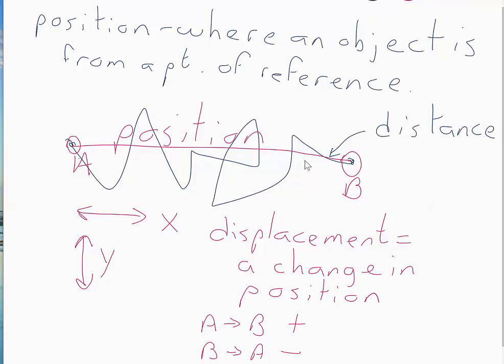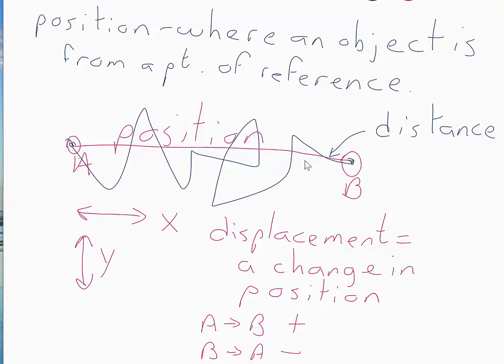But if we are talking about distance, the distance from A to B is exactly the same as the distance from B to A. So we can't distinguish in our terminology what we're talking about if we don't use displacement rather than distance, because the distance is the same. But with displacement, we can be specific as to whether we're going in the positive direction or in the negative direction.